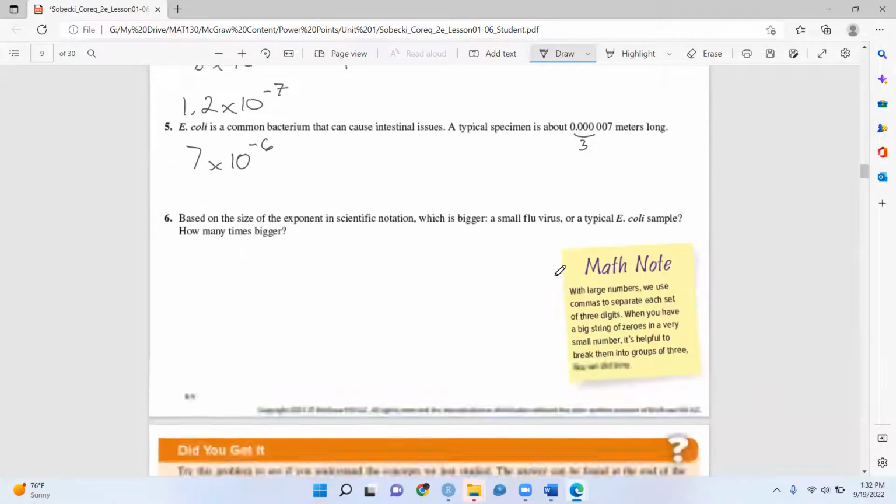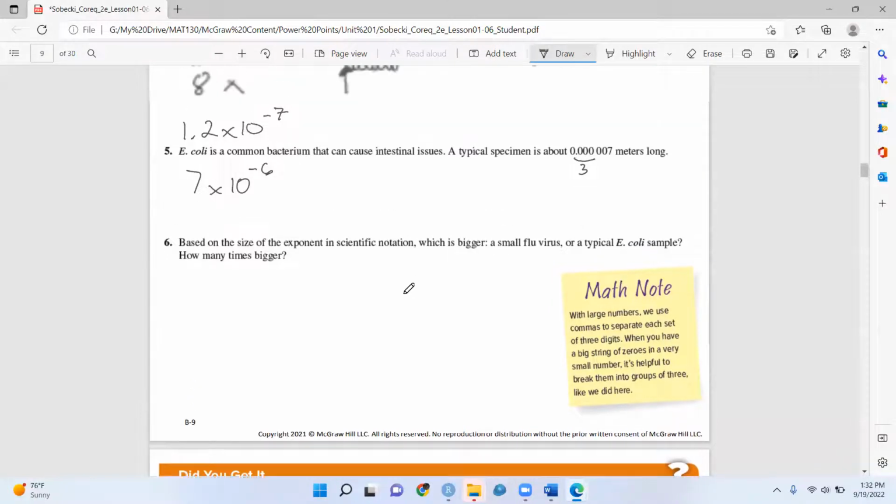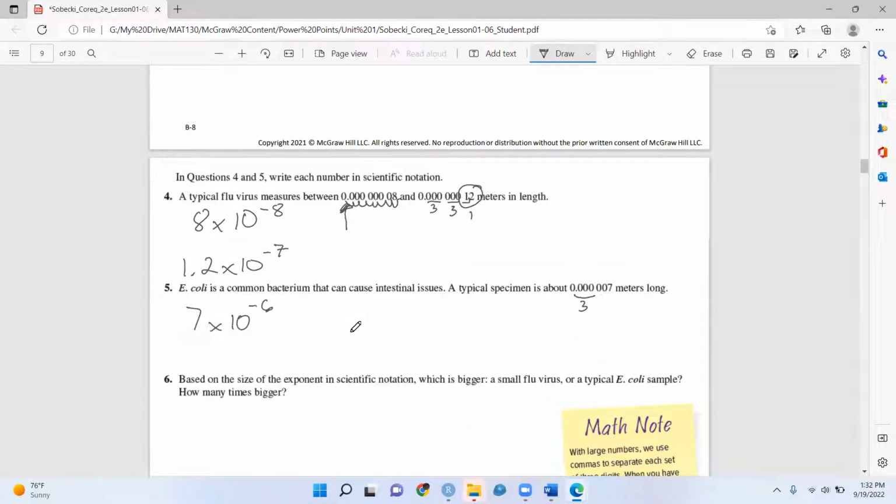Now, I want to see if y'all can do this. Based on the size of the exponent in scientific notation, which is bigger? Small flu virus or typical E. coli sample? What do y'all think? Okay, why E. coli?